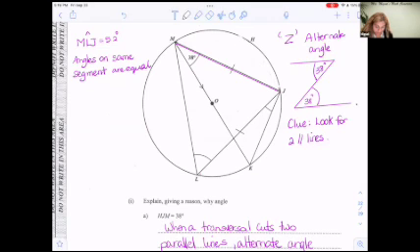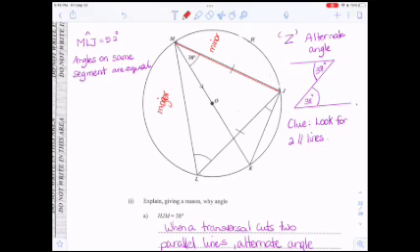Now, this line is called a chord. This chord separates the circle into the minor segment and the major segment. This angle should be equal to this angle because they are on the same segment.